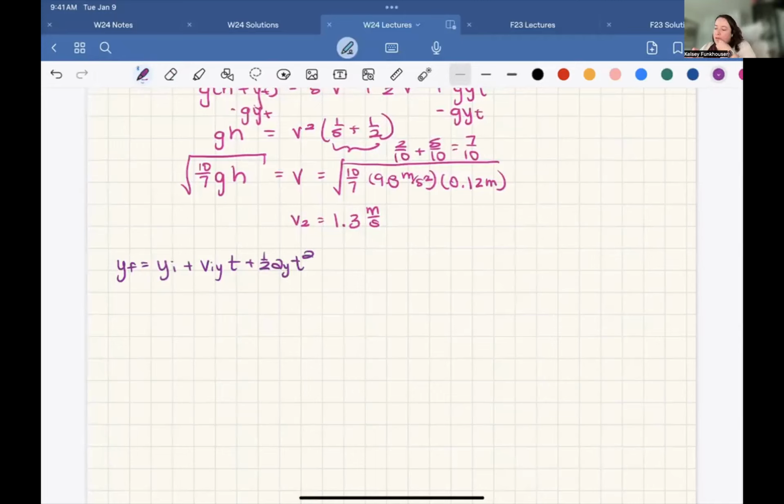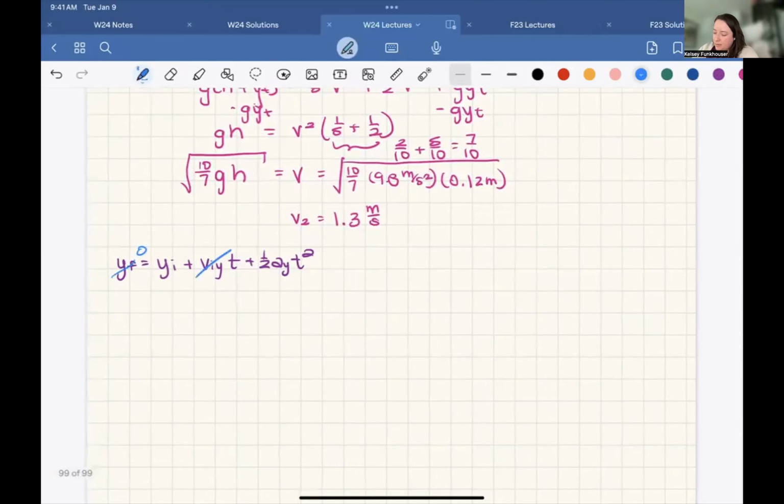y final equals y initial plus v initial t plus 1/2 ay t squared. The final position is on the ground, so this is 0, and it only has velocity in the y direction zero, so that term is 0. So we end up with 0 equals y initial plus 1/2 ay t squared. We want to solve for that time. I'm going to skip some of the algebra steps and just tell you what it is.